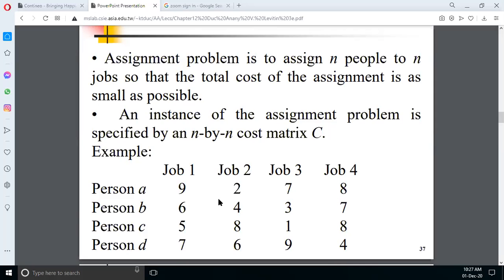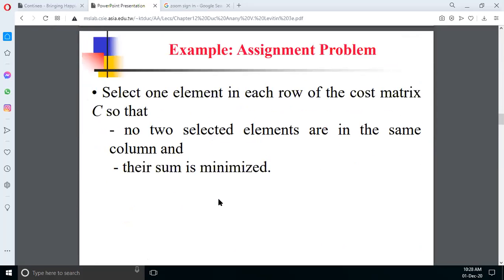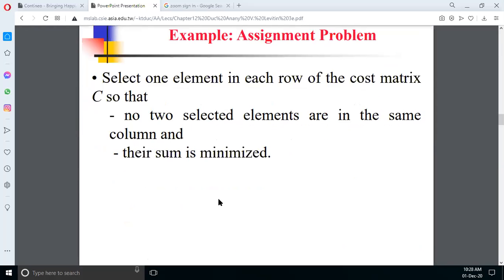In the branch and bound, as the name of the algorithm design technique indicates, branch and bound. So what could be the value, and how can we go about it? Select one element in each row of the cost matrix such that no 2 selected elements are in the same column and their sum is minimized.